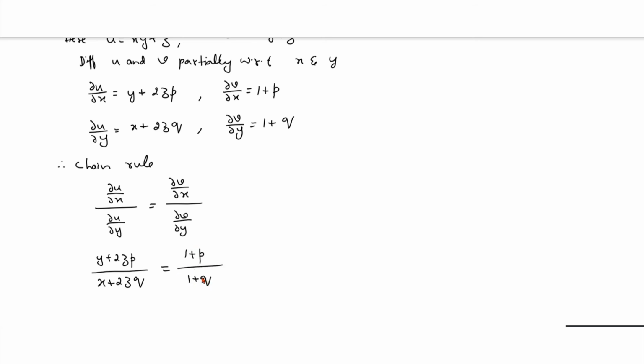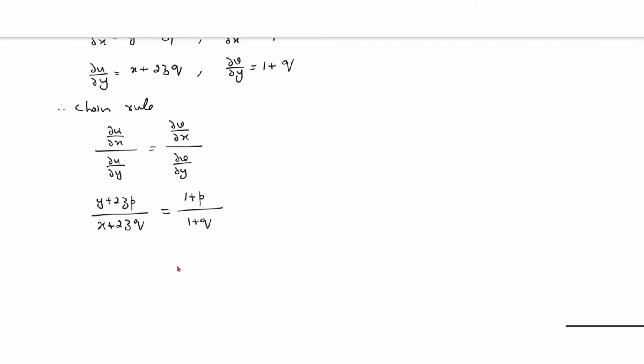So let us cross multiply, simplify this result and rearrange. Cross multiplying, you will get 1 plus q times y plus 2zp is equal to 1 plus p times x plus 2zq.